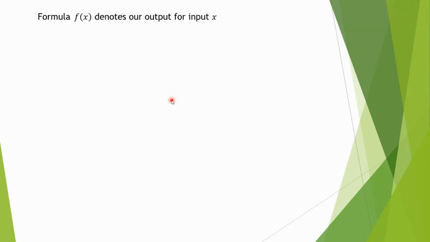So with a formula, you could probably guess that there's going to be some algebraic expression, an algebra involved, which will specify how to get our outputs from our inputs. In other words, you're going to have some kind of algebraic expression involving x that will tell us how to obtain the output from each x value.